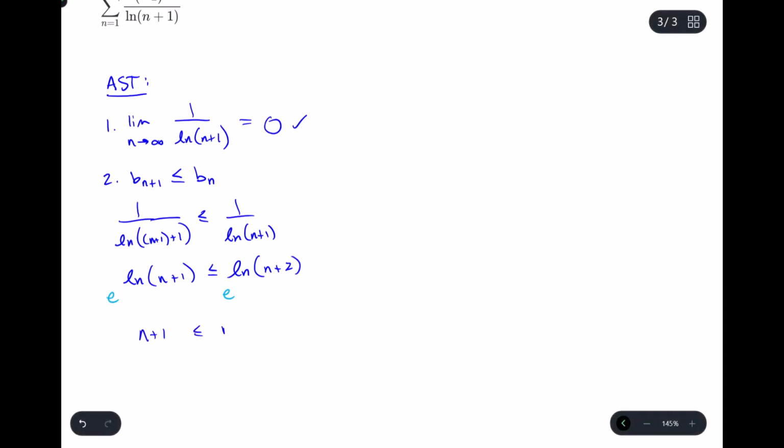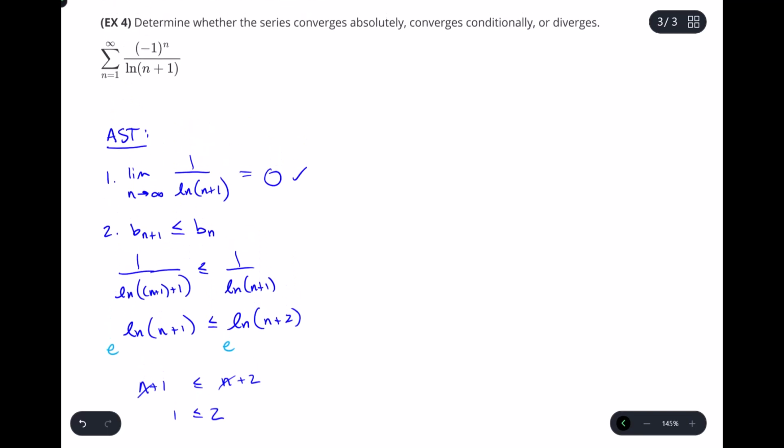So n plus 1 less than or equal to n plus 2, and then if I subtract n from both sides, I get a very clear result here. 1 is definitely less than 2. All right, so this converges by the alternating series test, so it's at least conditionally convergent.